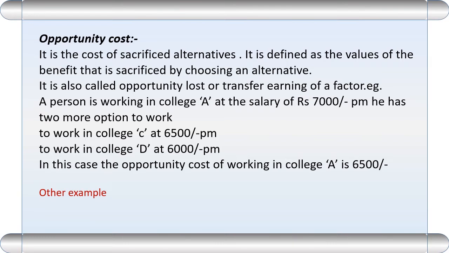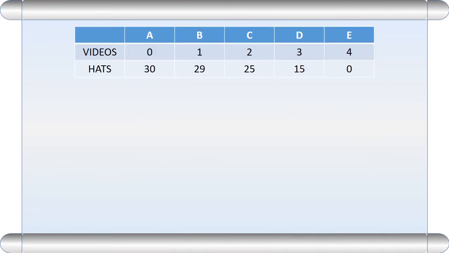We try to see the same thing with another example. See, I can manufacture video and I can make hats. If I decide to make video, we are having these options, that is option A, option B, option C, option D and option E. Suppose if I decide to knit hats, definitely I will not get any time for video. Why?